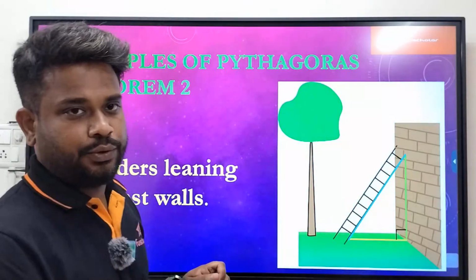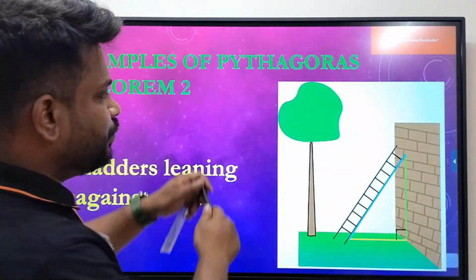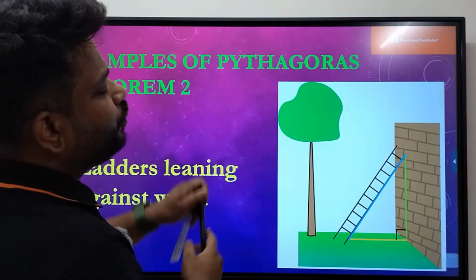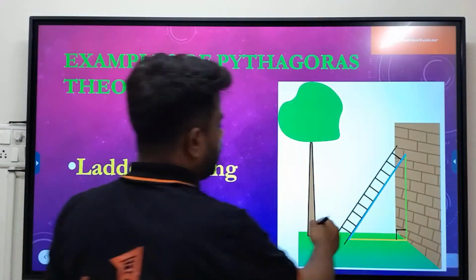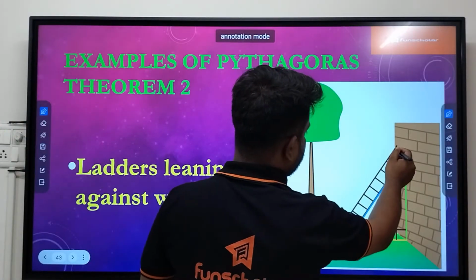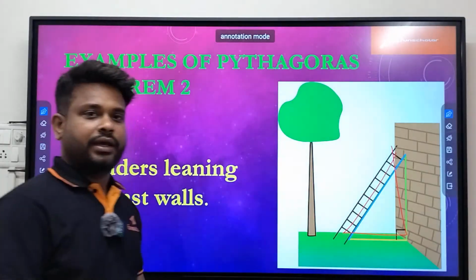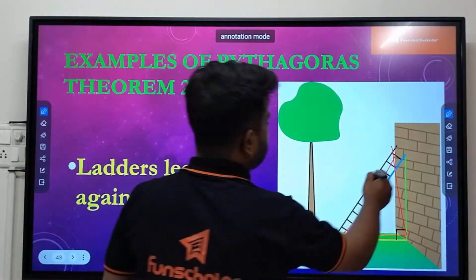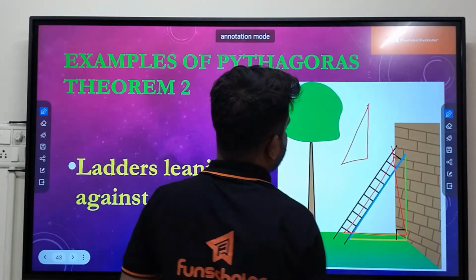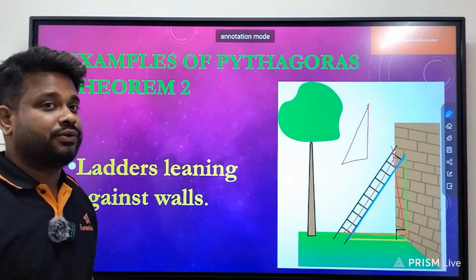If you want to get the maximum results, you have to keep the ladder in a fixed position to reach this point, to make it a right angle triangle. If you take the ladder at a different point, the ladder will slip. So this is not following the Pythagoras theorem.